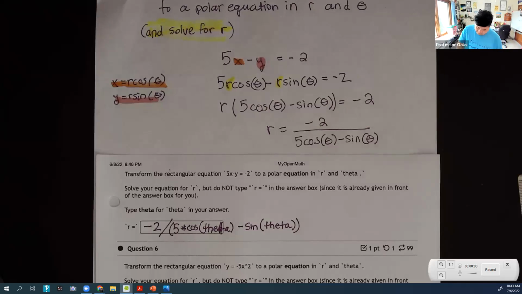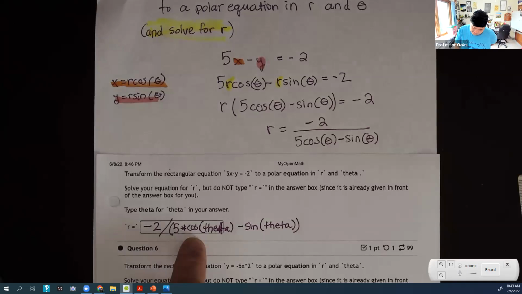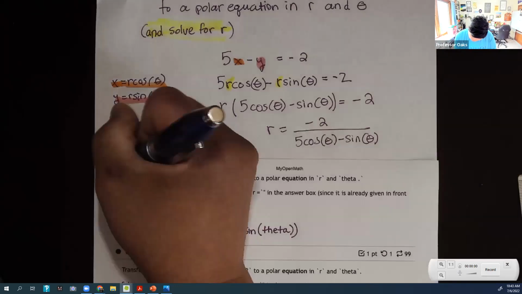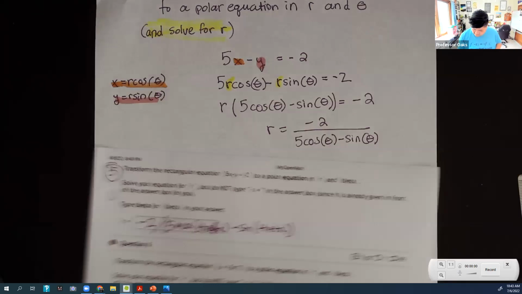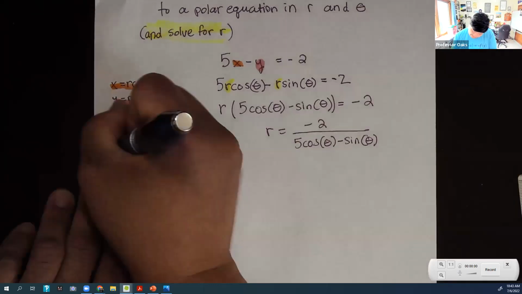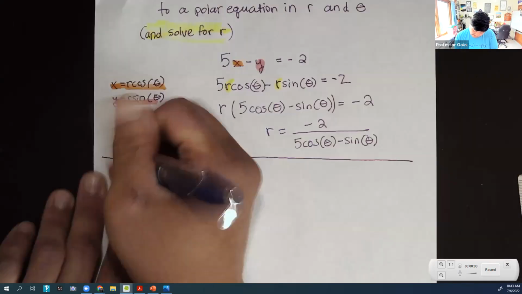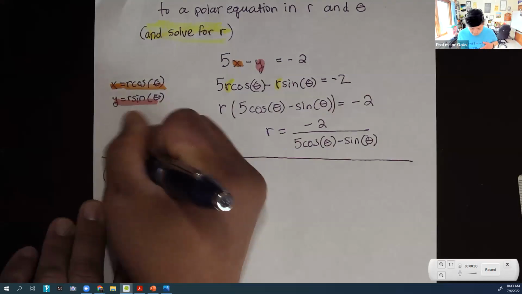Okay, so this one is actually very easy. I think it's just substituting, and the ones before were more difficult than this one, but you have to practice going back and forth between the different forms.